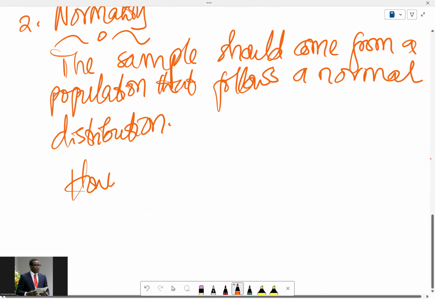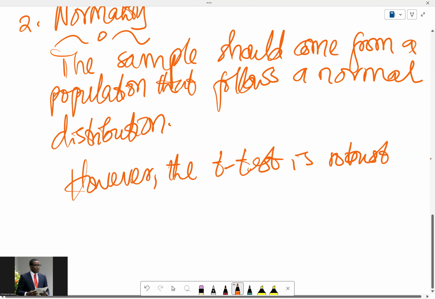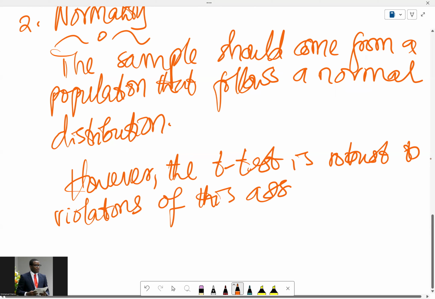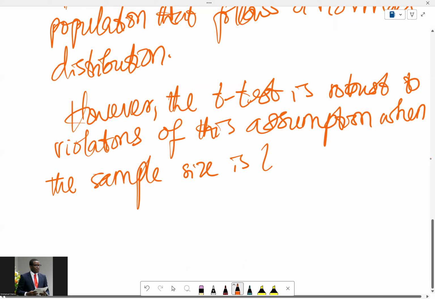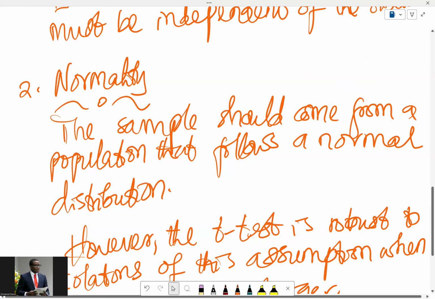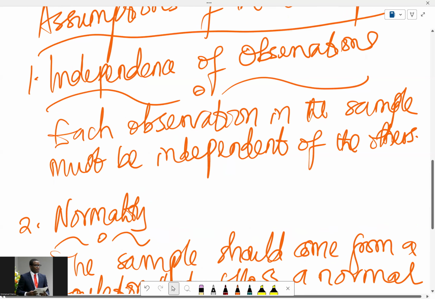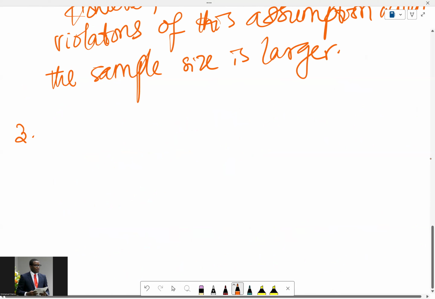However, the t-test is robust to violations of this assumption when the sample size is larger. So the larger the sample size, the better also. Then we have the third assumption of the one sample test, and that is scale of measurement.